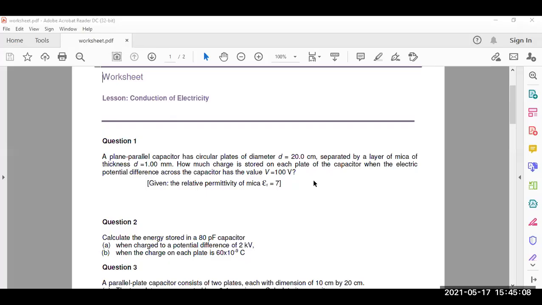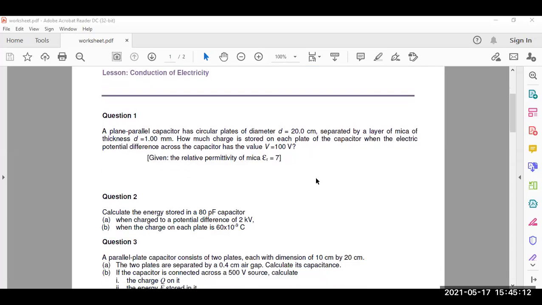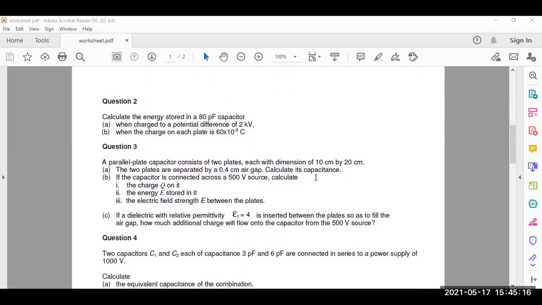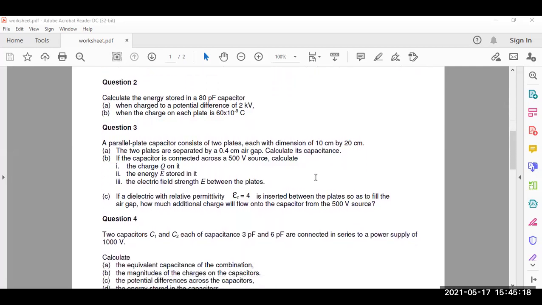The questions which I will post later: we have 2 pages, which are question 1, question 2, question 3, question 4.